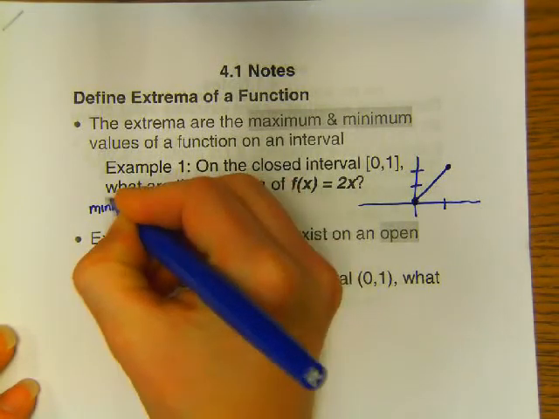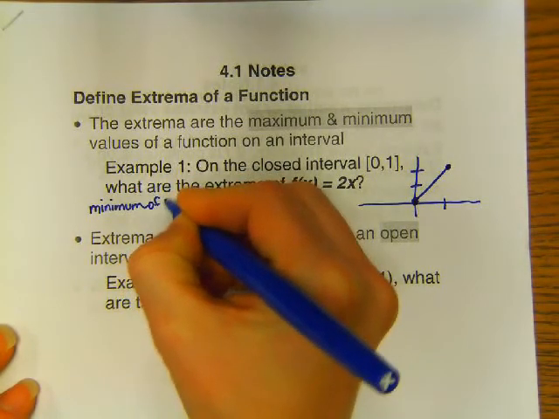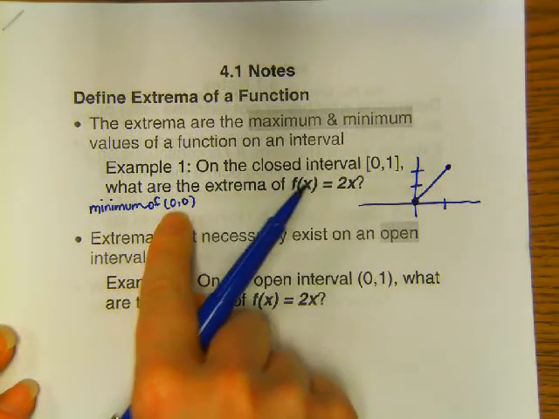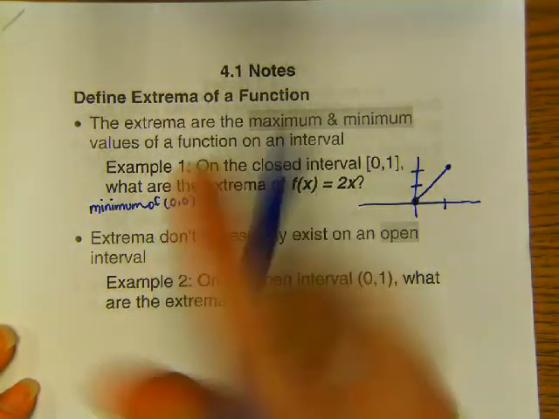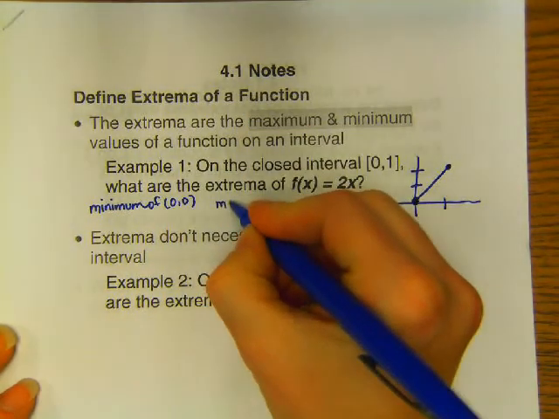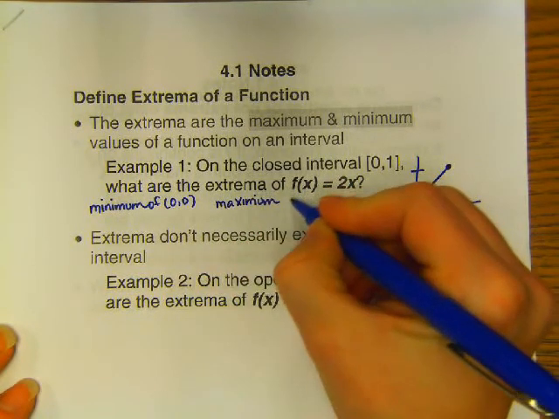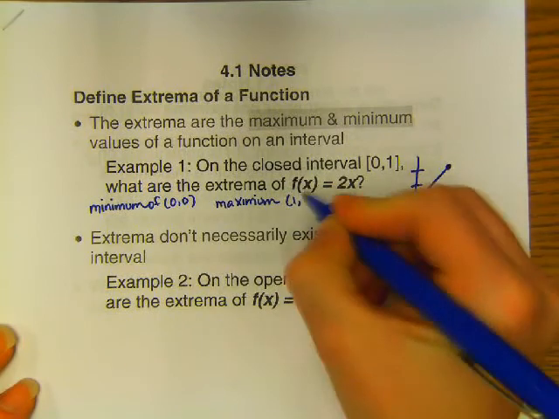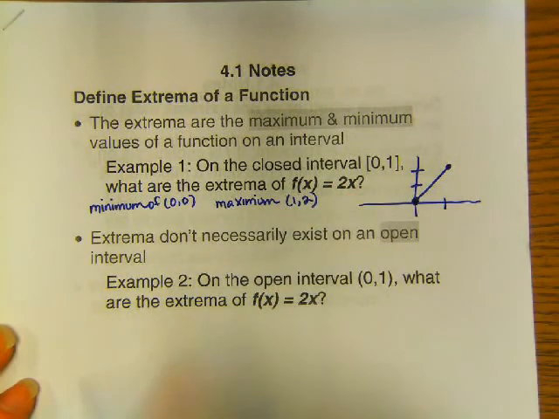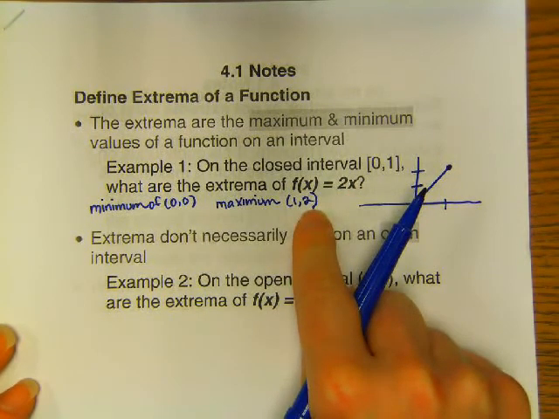And actually the minimum occurs when x equals 0 and the minimum is 0. And it has a maximum when x equals 1. And the maximum itself, maximum value is 2. That's important to know, that if I ask what the minimum value is, that you're telling me the y coordinate.